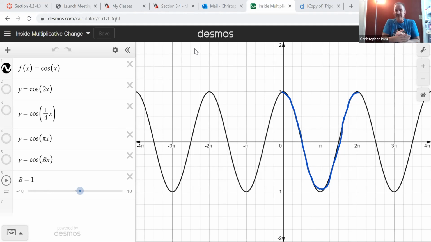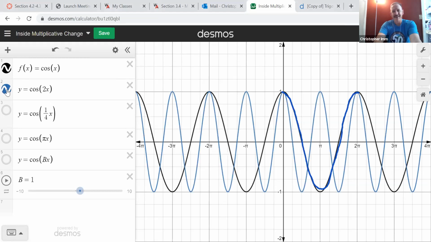But the reason why is because it's going to sort of speed up that graph a little bit. So let's just take a look at that. Bam, look at that. Now it looks like it has sped up that graph and compressed it by a factor of 2. What's the period of that graph now?